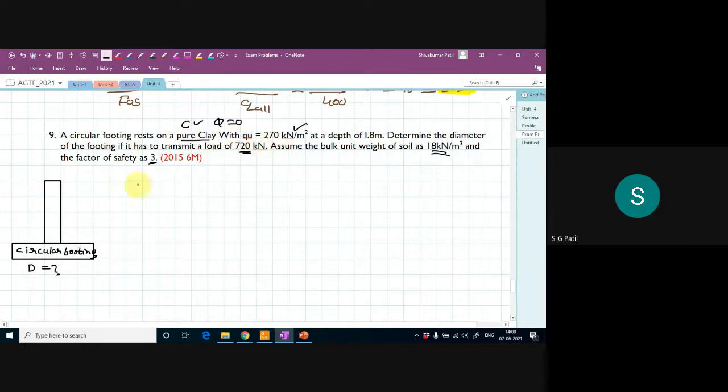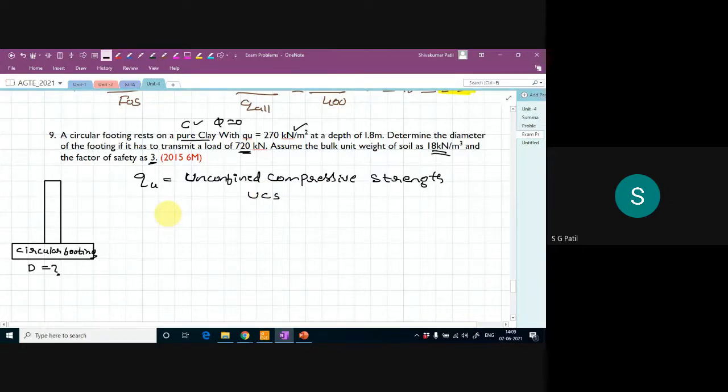With the QU they have given. QU is nothing but your unconfined compressive strength, UCS we will call it.